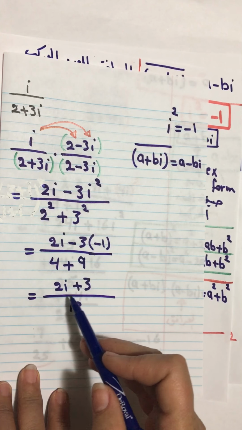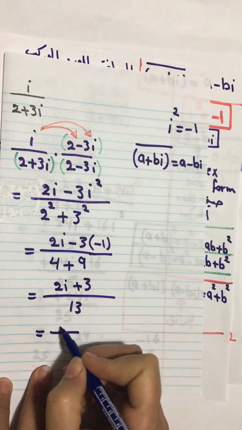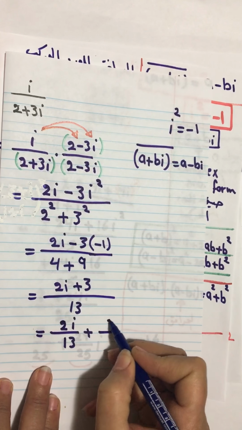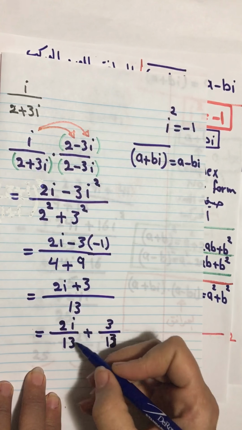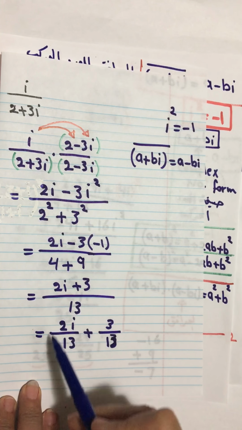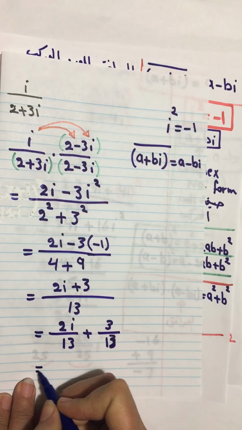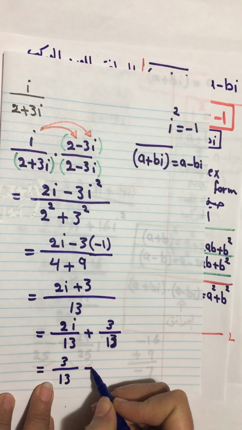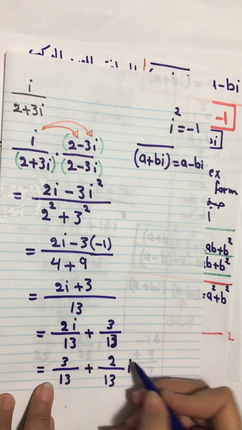Now I have two terms on top. So I can write it down as 2i over 13 plus 3 over 13. And this part has i, it means this is the imaginary part. I'll write the real part first, then the imaginary. So I can write the real part first, this fraction plus 2 over 13 i.